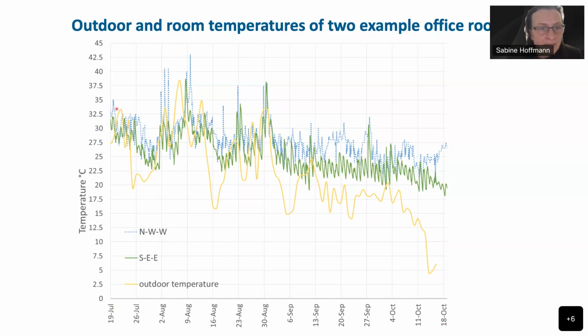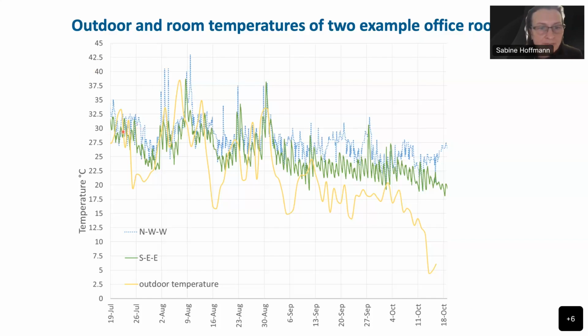And here the yellow curve shows the outdoor temperature, and you can see that until mid of September, the temperatures rarely fell below 20 degrees C, so there was not a lot of night cooling, but there were air temperatures up to 38 degrees C. The green and dotted blue line are temperatures from 2 example office rooms.